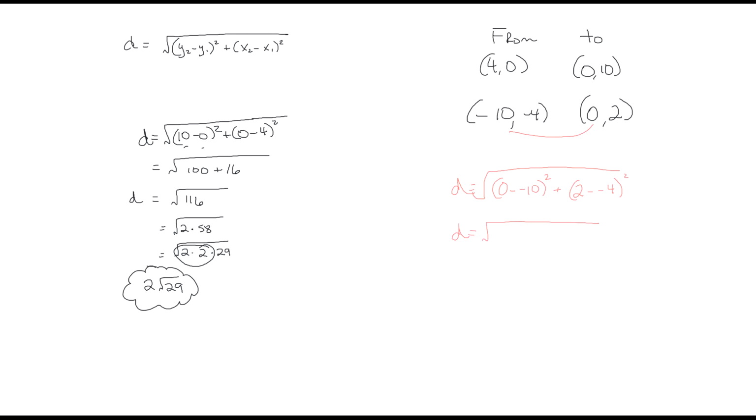So plus 10 squared is 100. 2 plus 4 is 6, squared is 36.